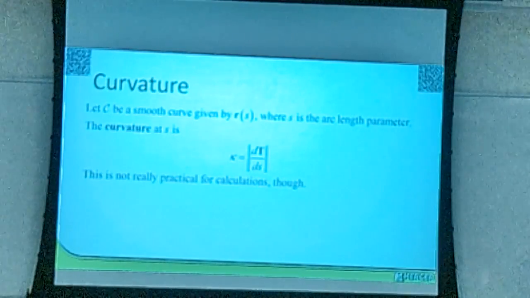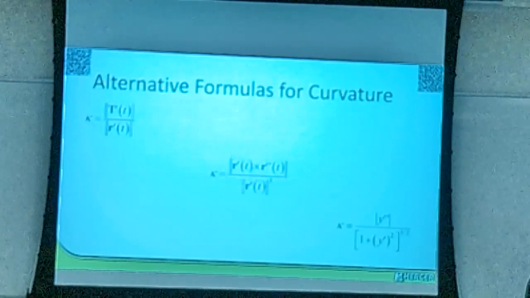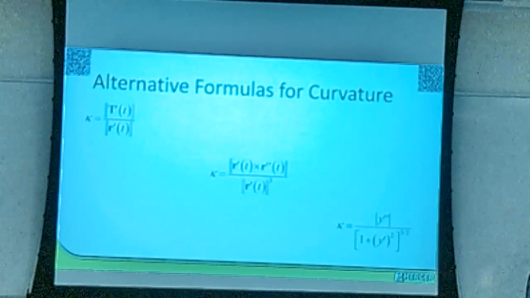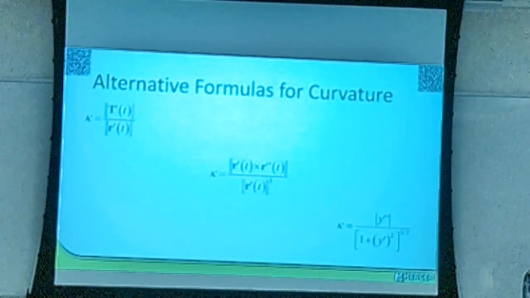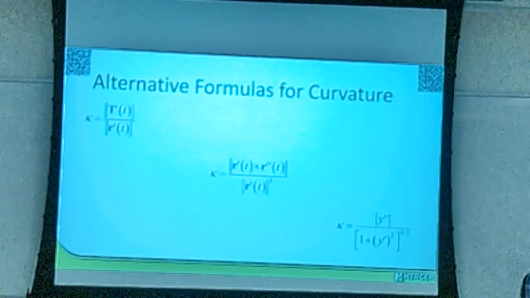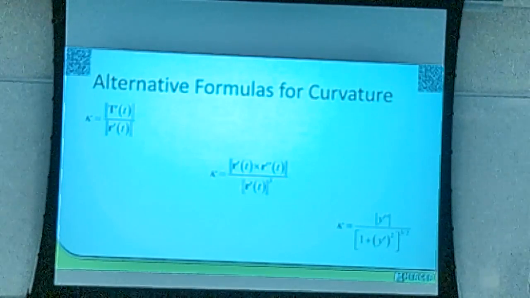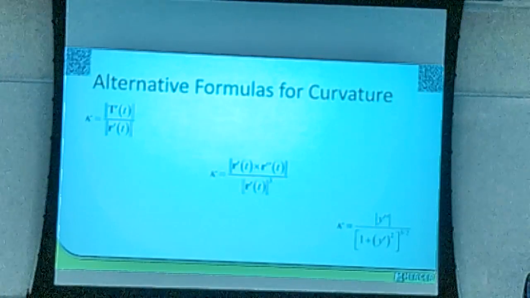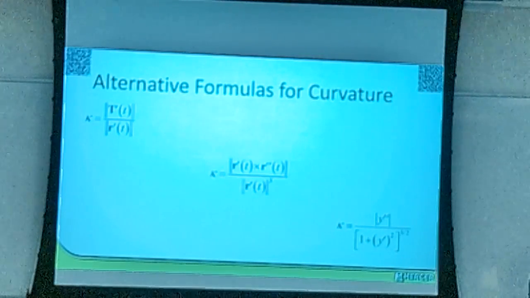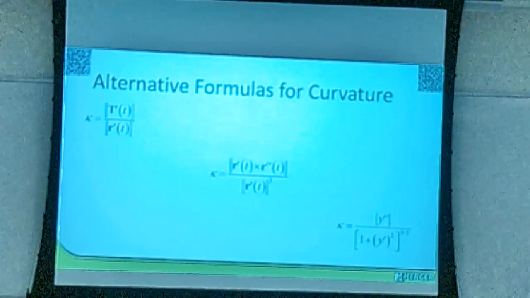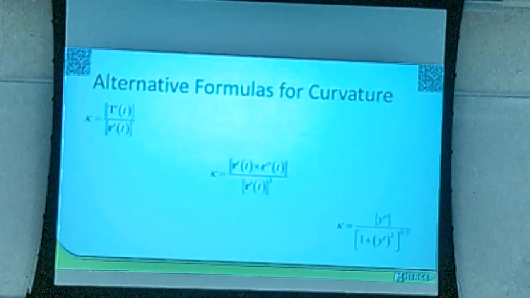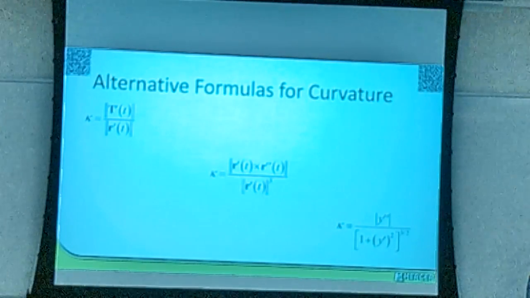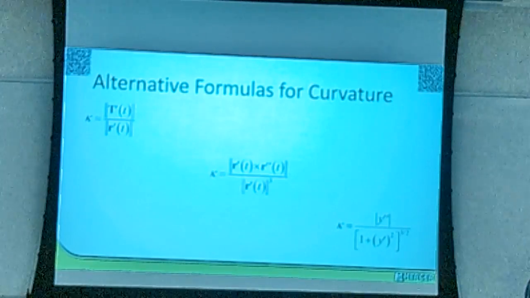So we know to use that. These are three formulas for it. For the most part, we'll be sticking with that middle formula. It's actually still a bit of a pain, but it's better.